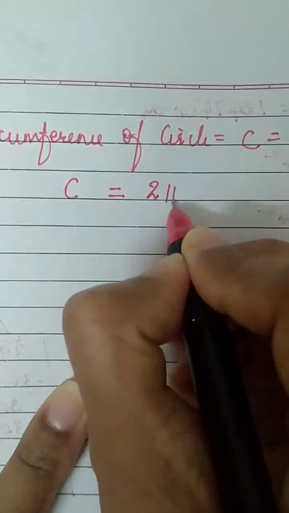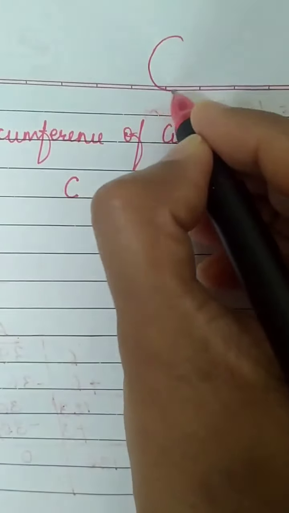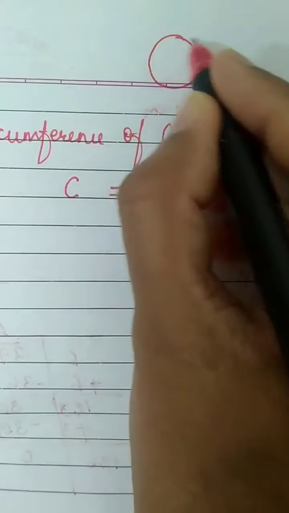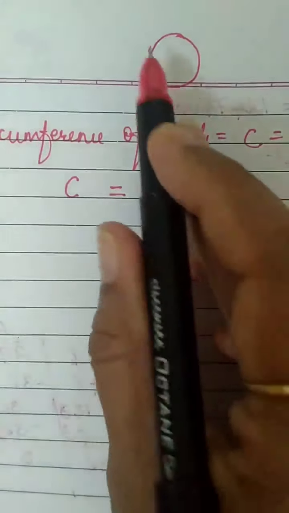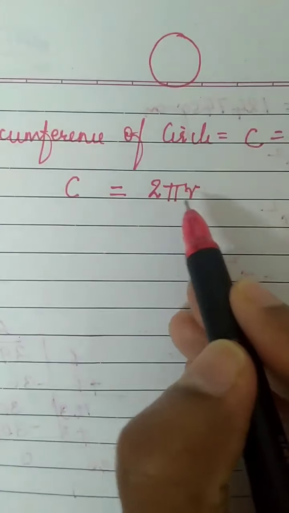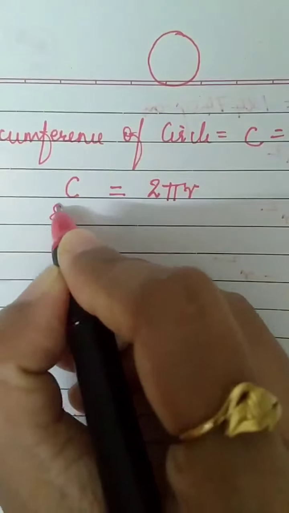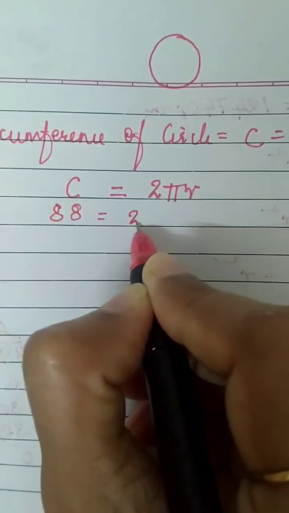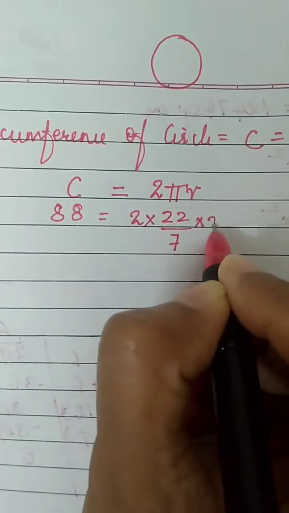Use the formula for circumference. Circumference formula is 2 pi r. Circumference means just the measure, the length of the outer covering of the circle. It's not related to area, just the outer covering. But r is there in the formula. Circumference is 88. Below C, write 88 is equal to 2 into pi's value, 22 upon 7, into R. R we don't know.